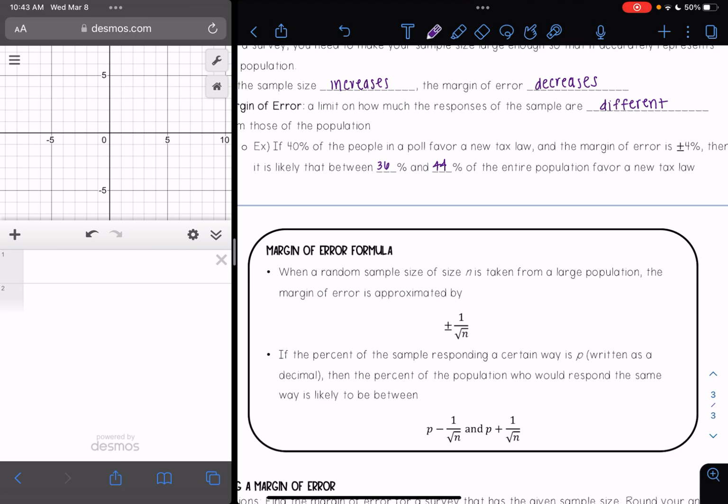You get 40%, with a margin of error of plus or minus 4%, so you're pretty sure the actual percentage is either 4% less than 40, which is 36%, or 4% more than 40, which is 44%.